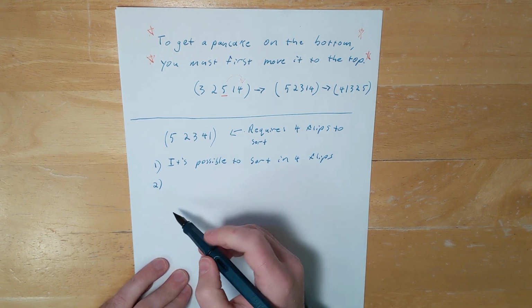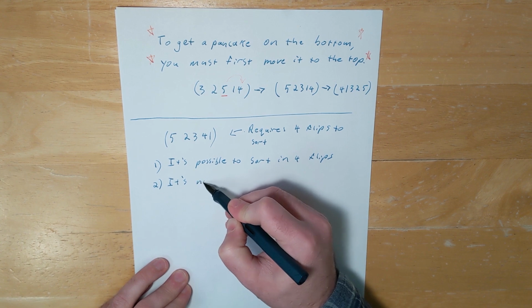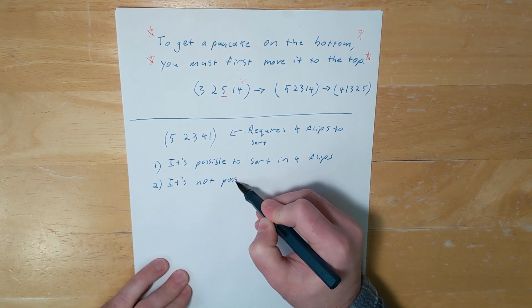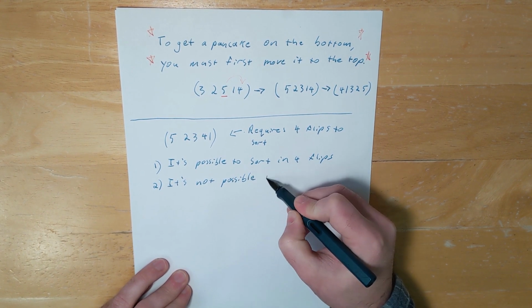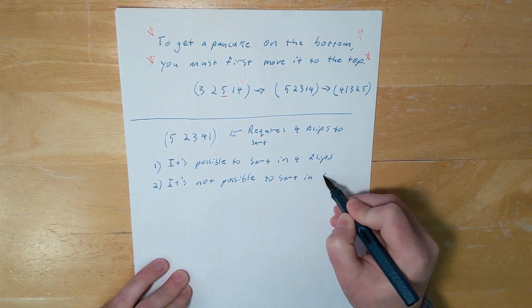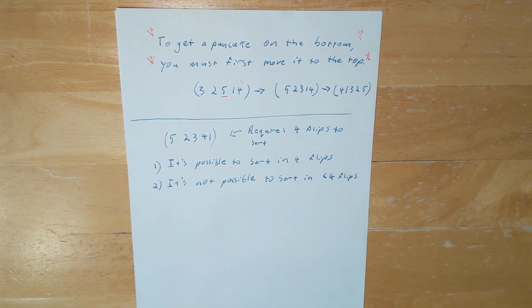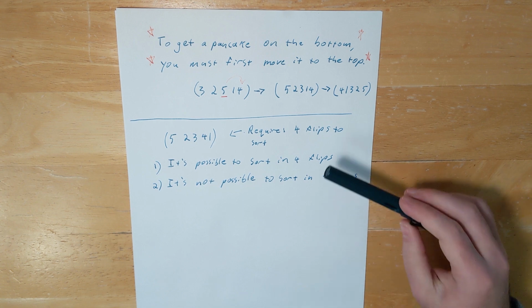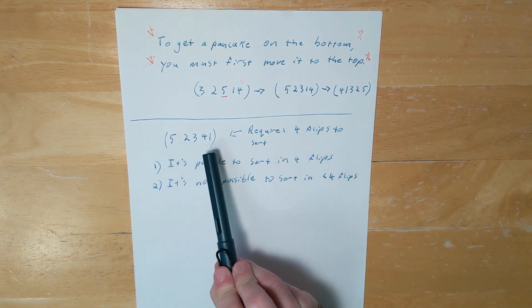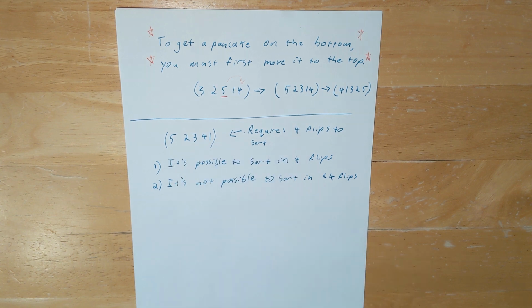And we also need to show that it's not possible to sort in less than 4 flips. So if we can show both of these 2 things, then we're showing that sorting this stack of pancakes in the fastest way possible is going to take exactly 4 flips.